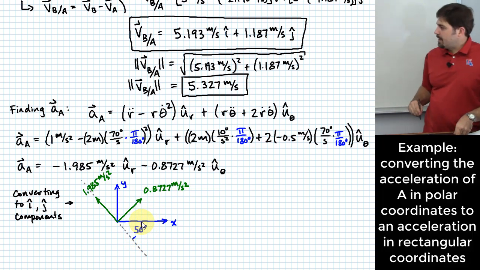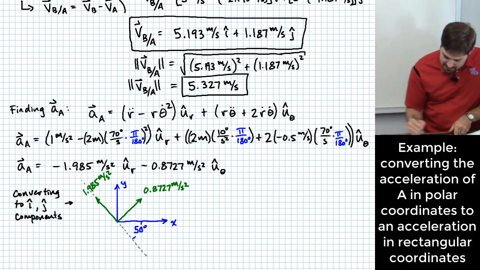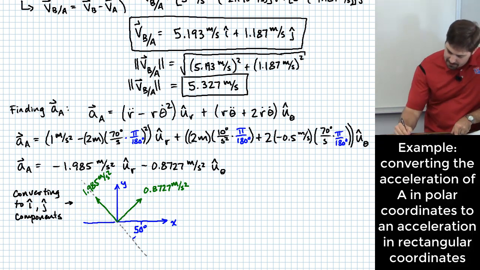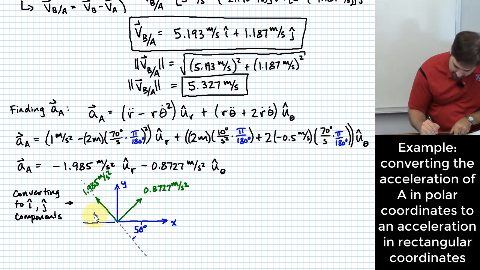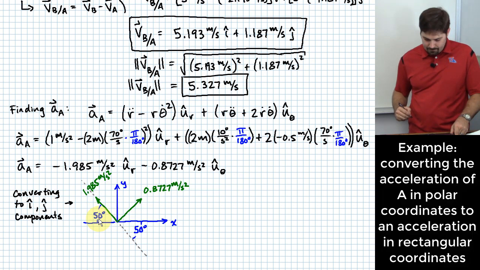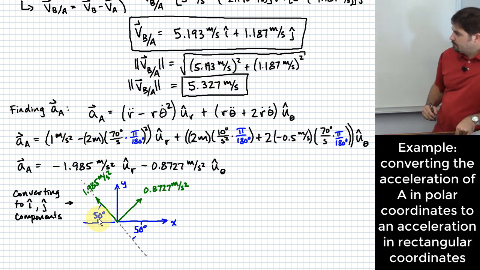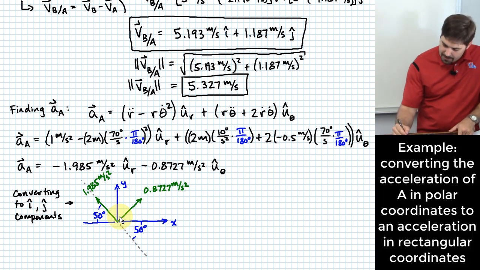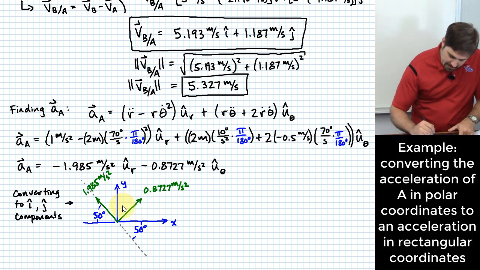And if that angle down there is 50 degrees at this instant, it means if I extend my x-axis back like this, this angle right here is 50 degrees at this instant. And if that one's 50 degrees, and we have two velocity components that are perpendicular to one another, this must also be 50 degrees right here.